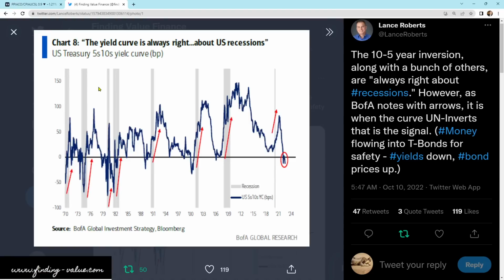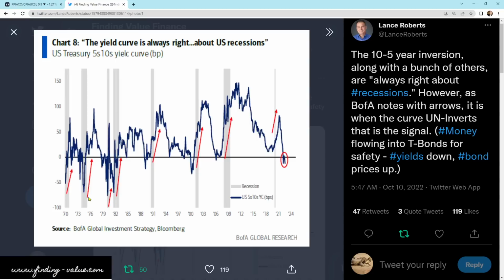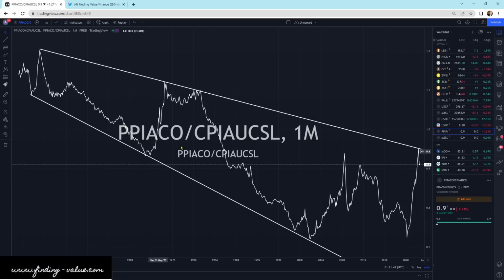So this inverting is more or less the PPI to CPI going on up. Then we had a pullback here all the way to 67 or so. 66, 67 right there. There's 77 right there. And then we pulled back on down, which is this coming back up all the way to 81. So it's basically this curve moving up and down inversely.